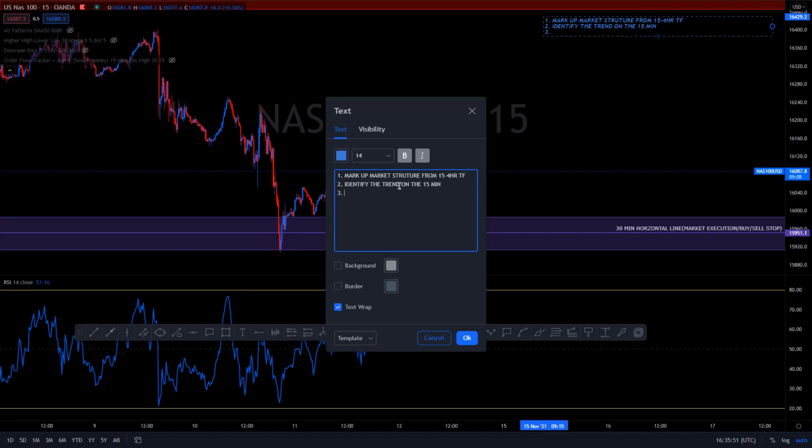Number three, institutional imbalances. All right, and then number four, plan trade with Delorean EMA cross confirmation.